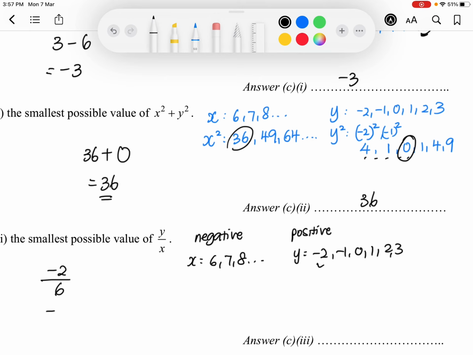That gives me negative 1/3, 0.3333, negative 0.33. What if I use negative 1 over 6? What's negative 1 over 6?